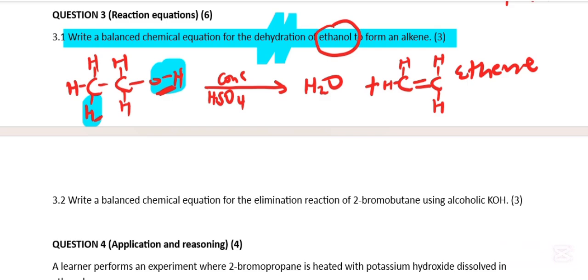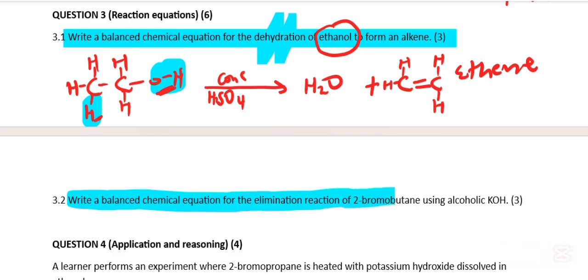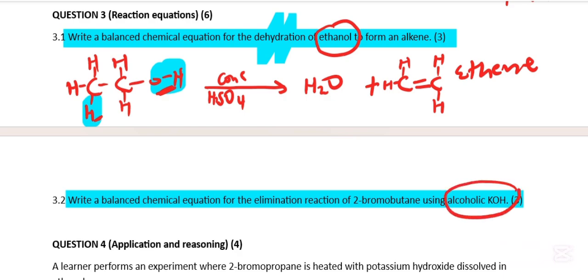Write a balanced equation for the elimination of 2-bromobutane using alcoholic KOH. Let's do this one. Remember, this is the condition we use for dehydrohalogenation. So up here we have butane, 1, 2, 3, 4.